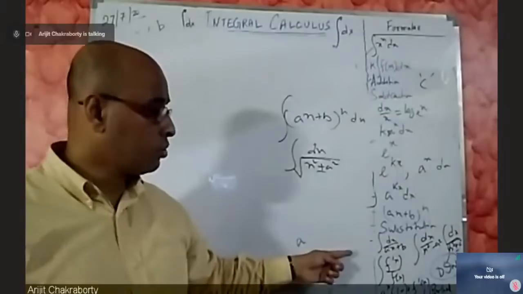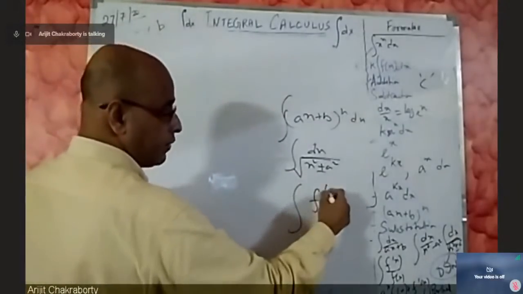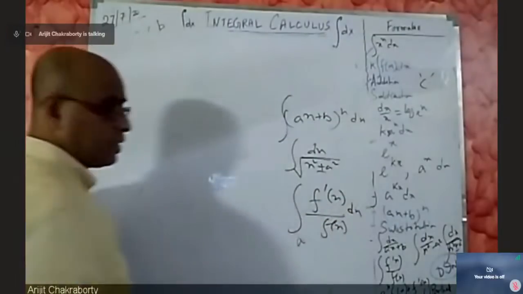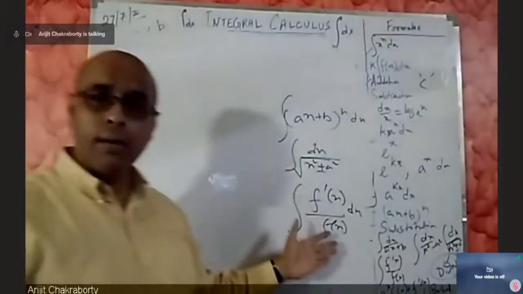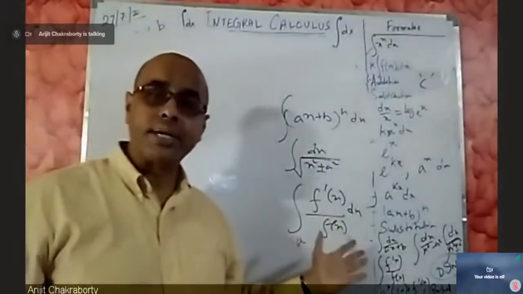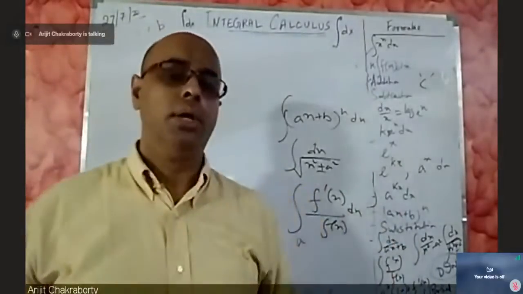Thereafter we moved on to the other rule, which you can remember, f dash x by f x dx, and this becomes basically log f(x) plus c. Then we did the integration by parts, which is a complex part with complex expressions.